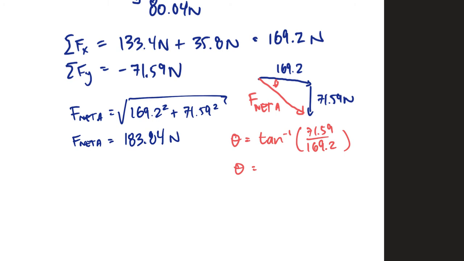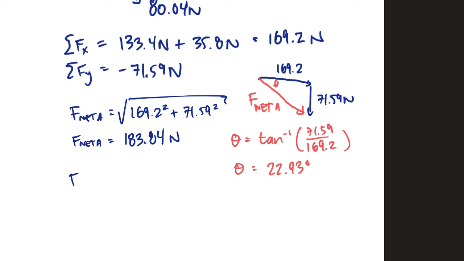And the angle is 22.93 degrees. There we go. So that is our net force and direction on asteroid A.